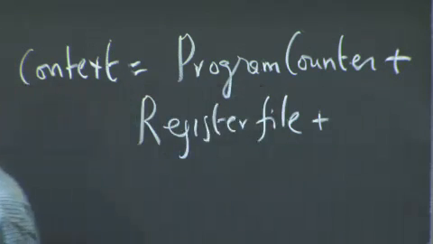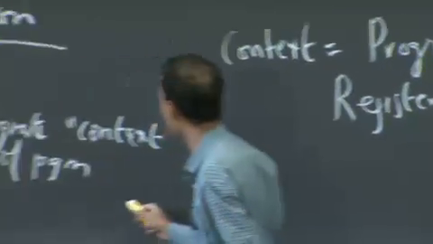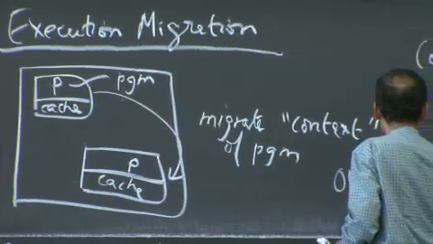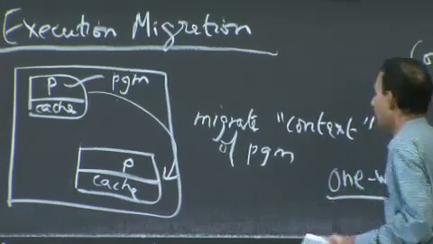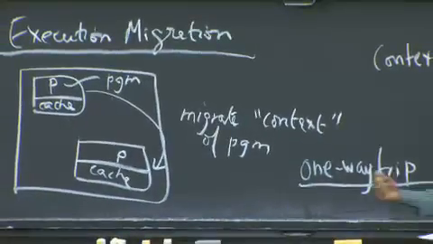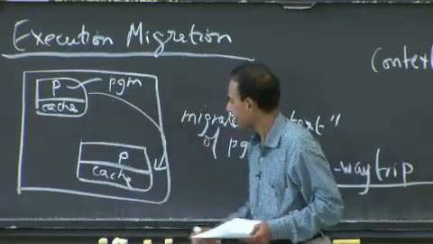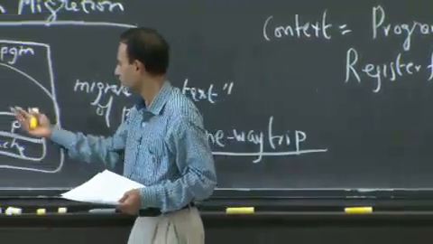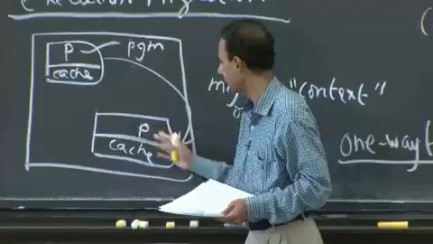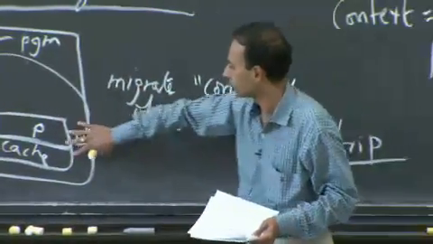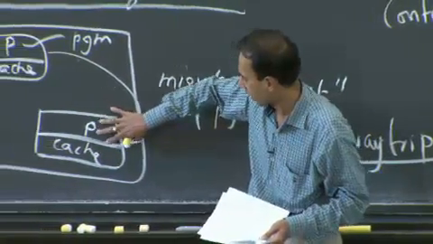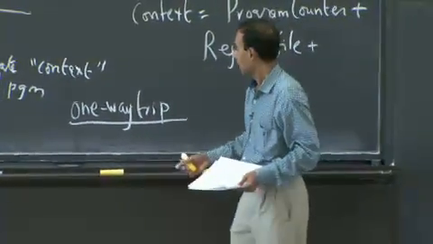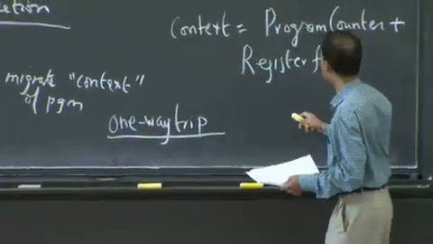So the advantage with execution migration is that it's a one-way trip as opposed to a round trip. You don't have to send a message and get the data back, which would be two messages, if you will, one for the address and the other for the data. But you migrate your execution and you run on this remote processor, since you have computation out here. So that's one of the advantages of execution migration.